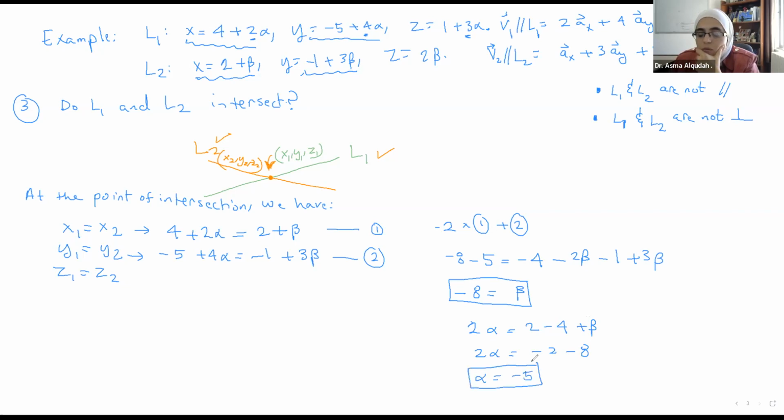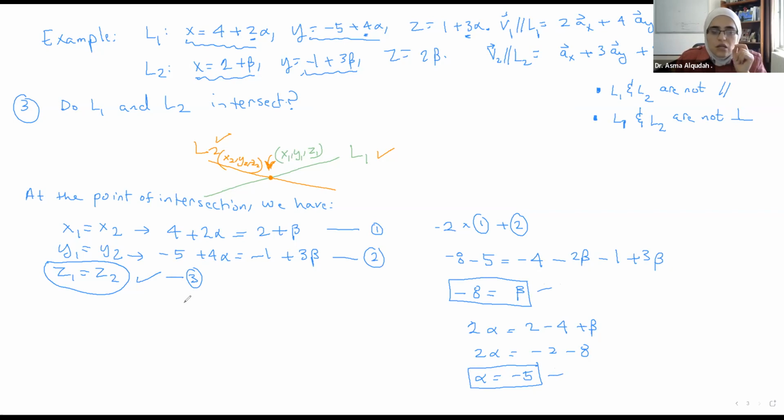Okay, now we found beta and alpha at the point of intersection. If there is a point of intersection, then we should substitute alpha and beta in the equations of z1 and z2. If the substitution of alpha and beta satisfies this equation, let's call it equation number 3, then we say that the two lines do intersect.